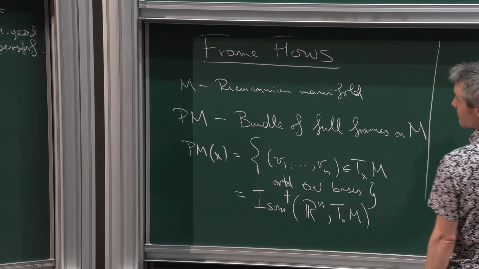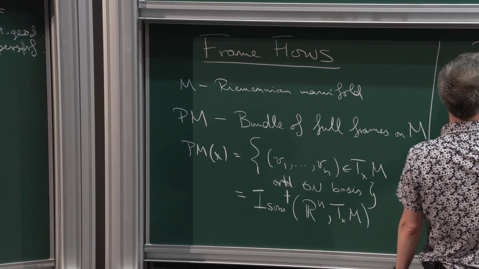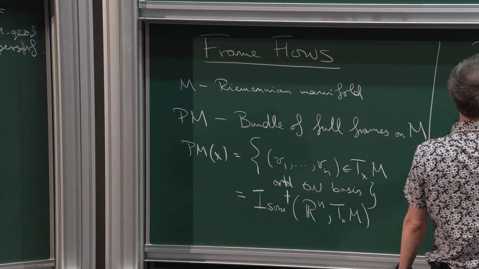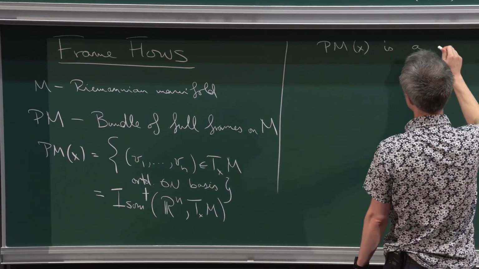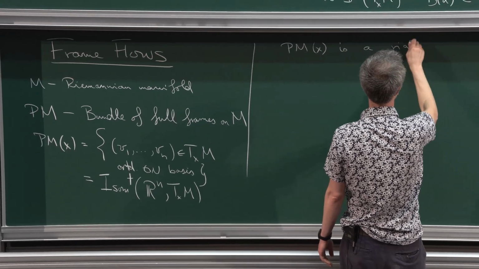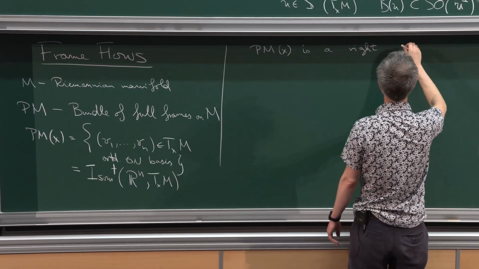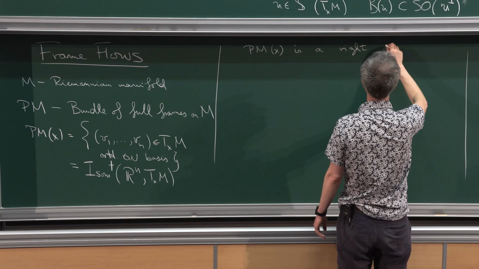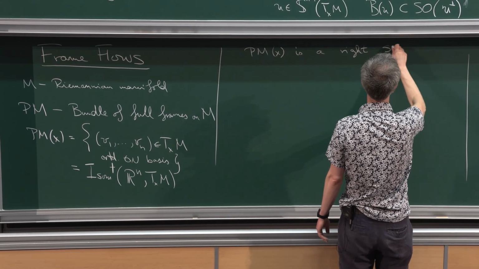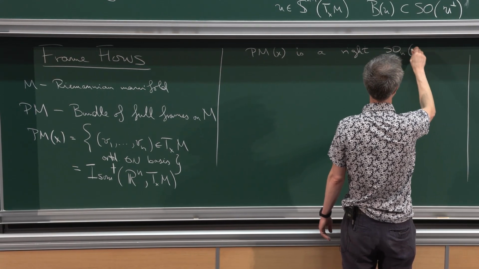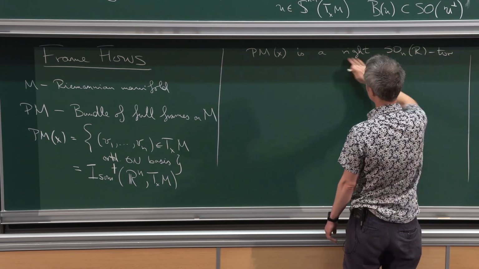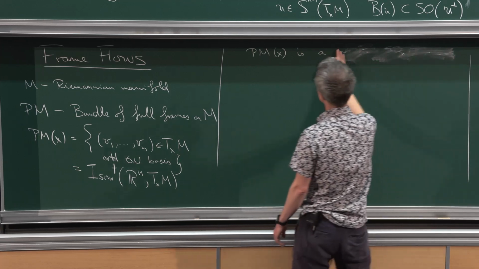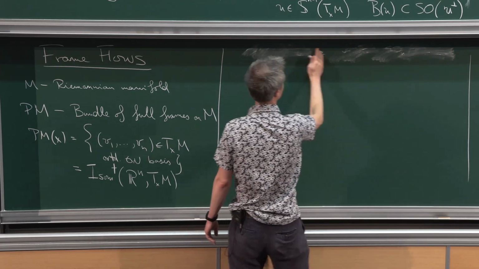So PM of x is a right SO(n,R)-torsor. Let me not introduce this yet.